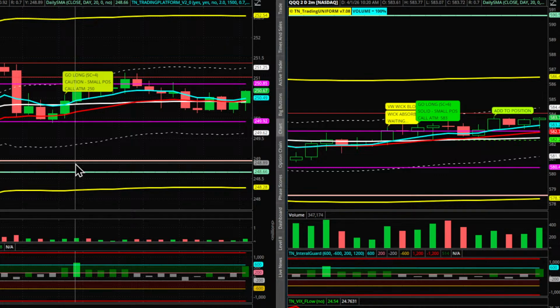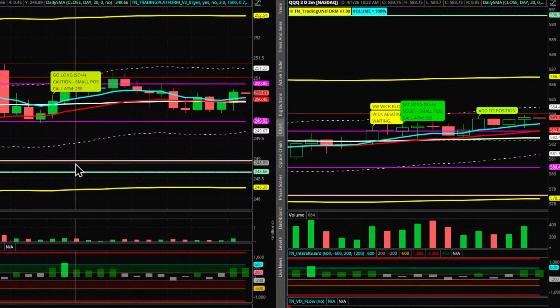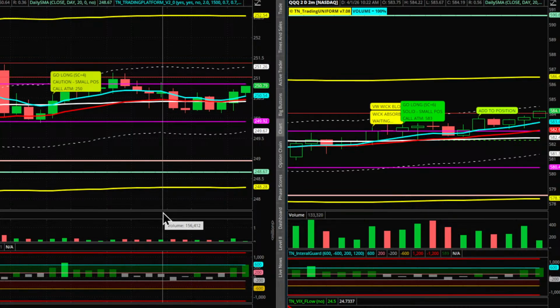Whoa, look at IWM. Wow, I'm tempted to add to IWM here. It bounced off VWAP twice.